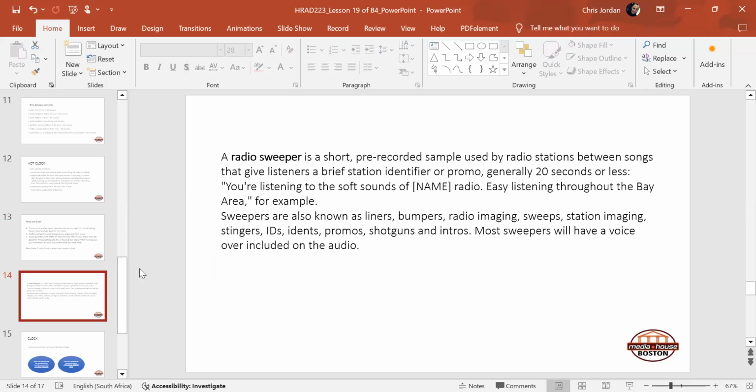Okay. So as we said before, what is a sweeper? Literally coming from what we just saw there, it's a short pre-recorded sample used by a radio station between songs to give the listener a brief station identifier or a promo, generally 20 seconds or less.